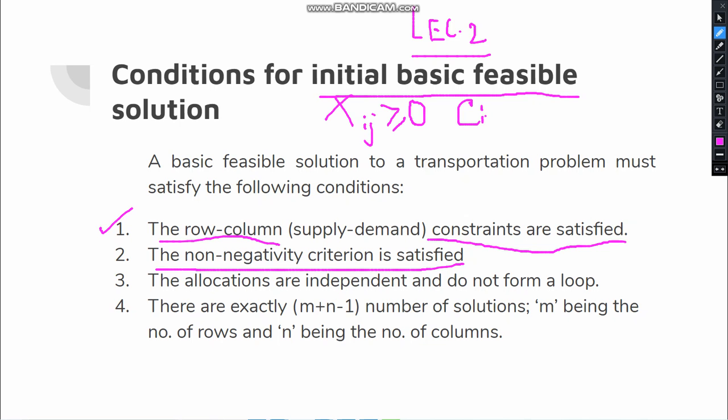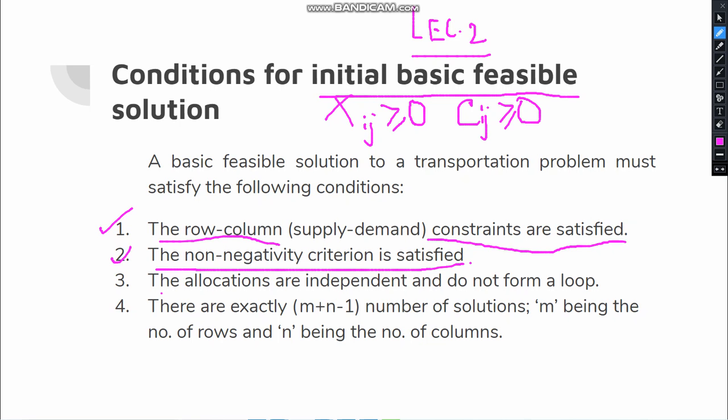And the Cij will also be greater than or equal to 0. Practically these two can't be negative, because cost can't be negative and the quantities which are being transported cannot be negative either. So the non-negativity criterion is satisfied. Actually in operations research, most of the constants we deal with are non-negative.